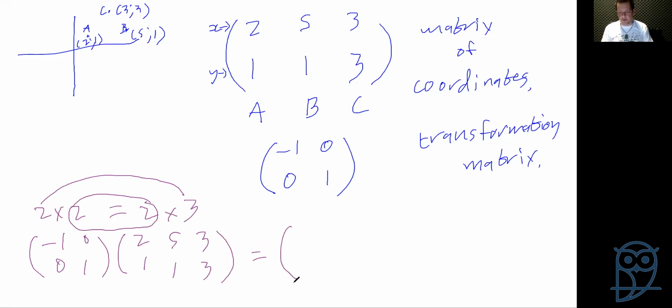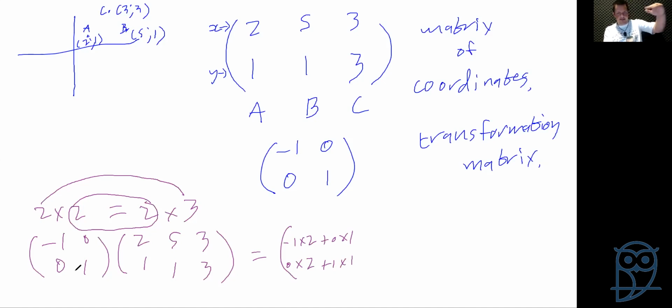Now remember how we multiply. We multiply across the left, down the right. So I'm going to multiply it -1 times 2 plus 0 times 1. Then going down, it's 0 times 2 plus 1 times 1.